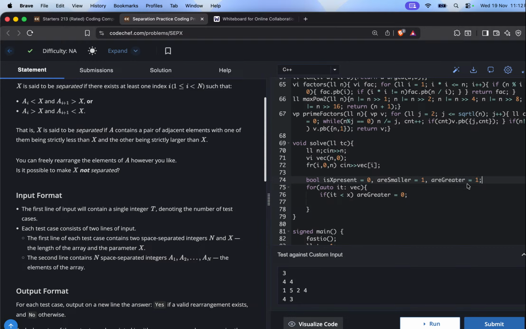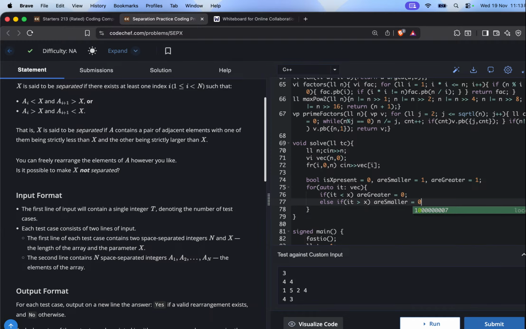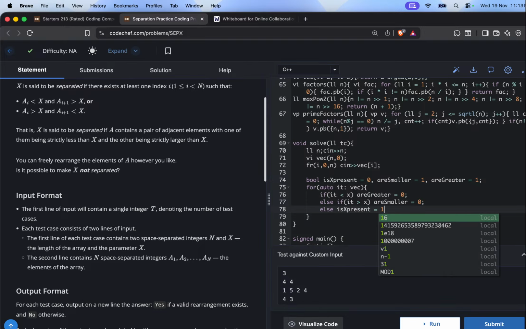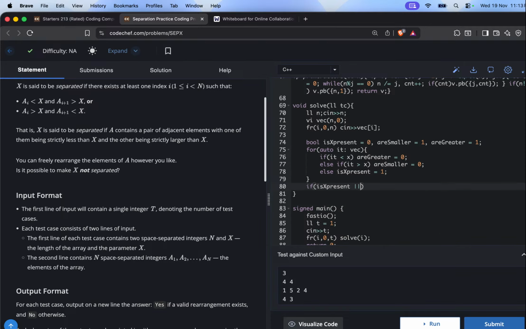So r greater is automatically false. There is an element that is greater, so r smaller is automatically false. Else the condition matches, so x is present, so is x present becomes true. Now if any of these conditions is satisfied, we can say that our array can be transformed to not separatable scenario.